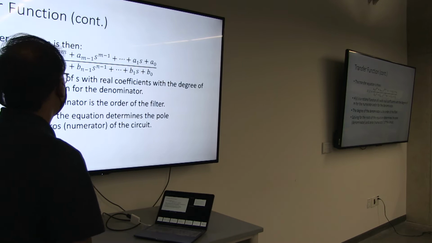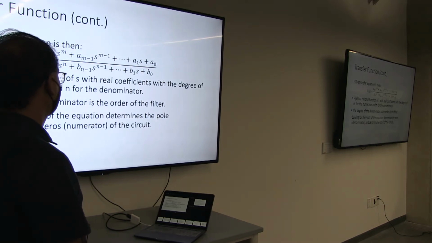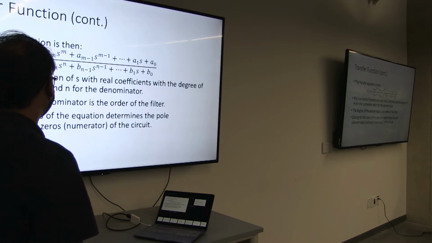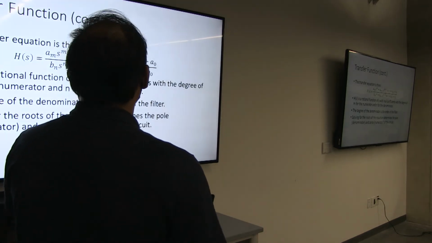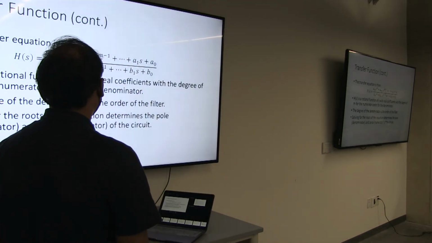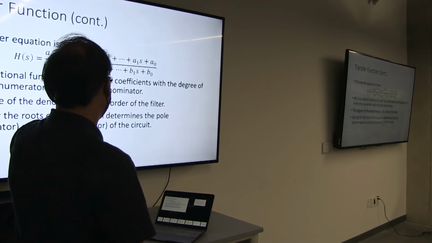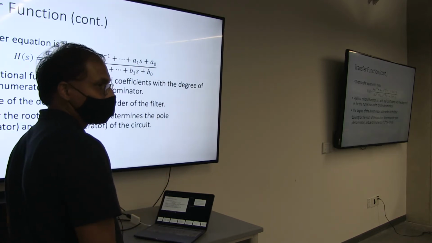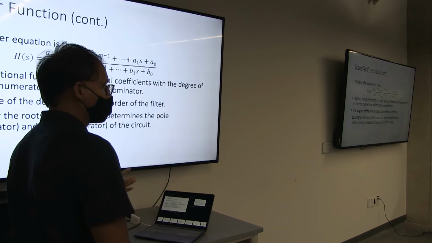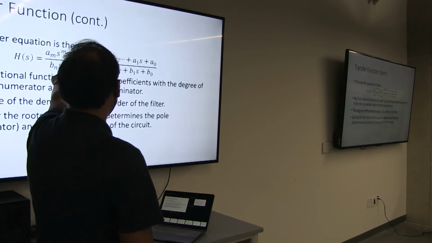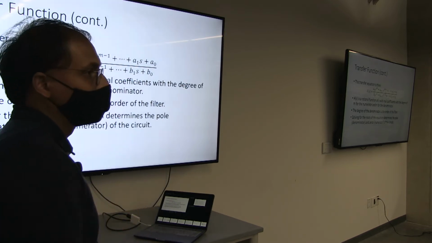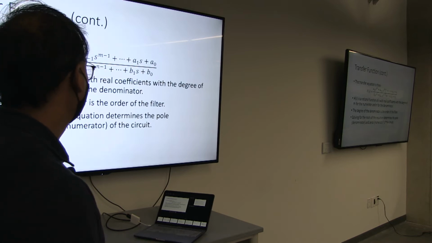So this is a very generic transfer function. The order of the numerator is m, the order of the denominator is n, and whenever we say the degree of the filter, when we say second order filter, third order filter, first order filter, it's basically n. So if n is 1, then the filter is first order.